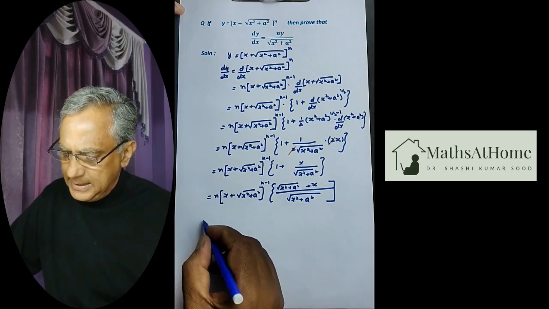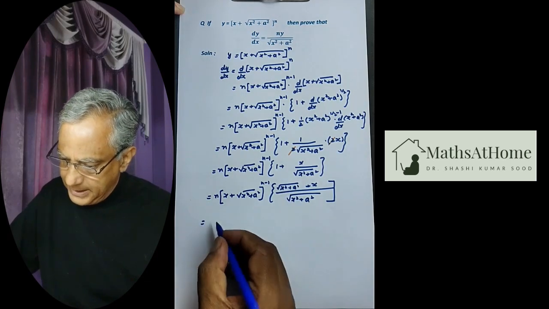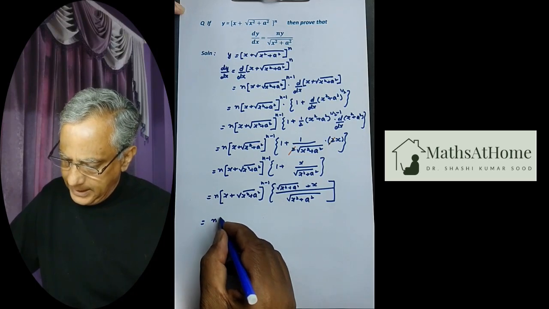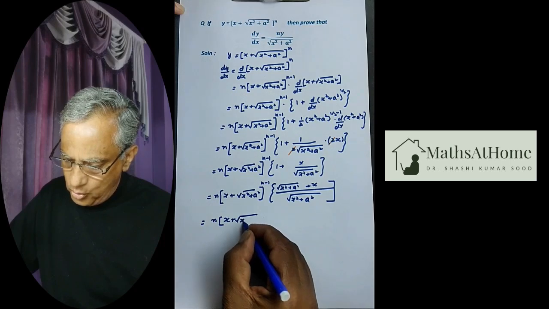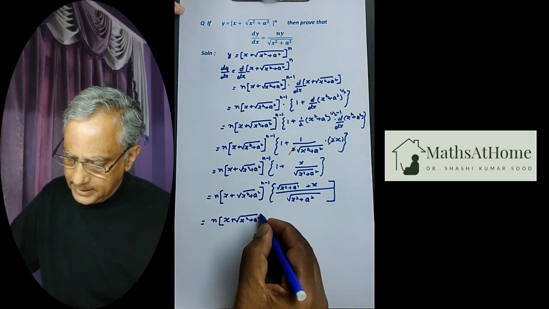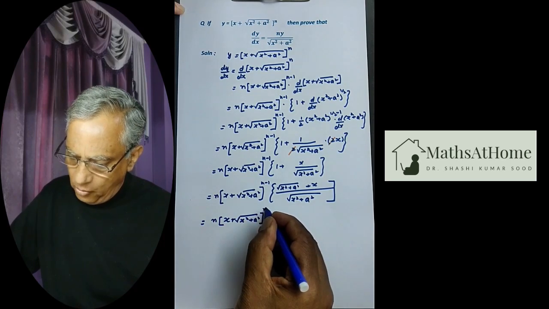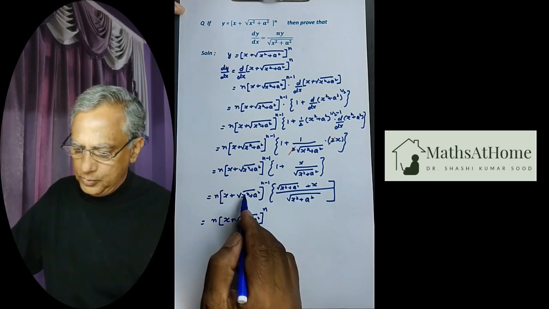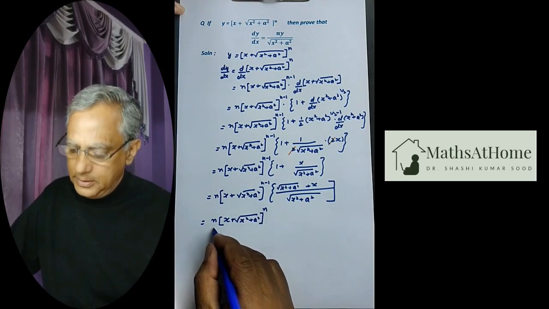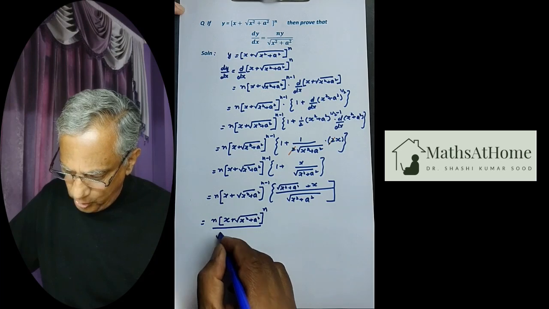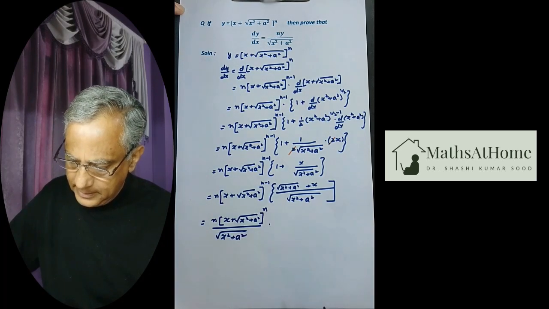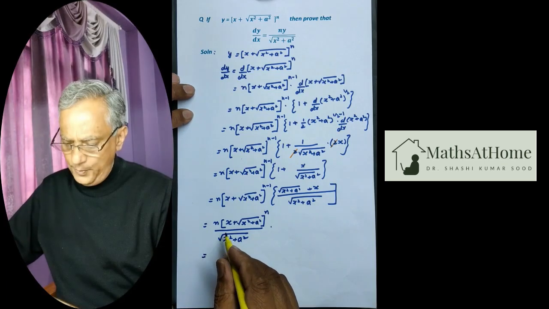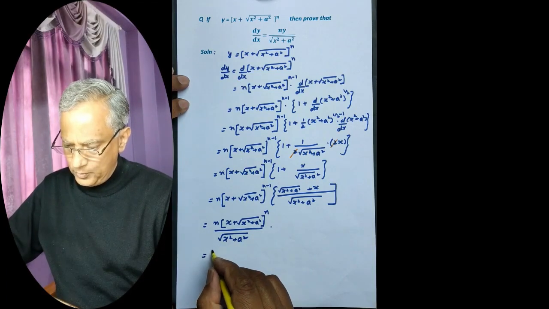This term is the same as this, so we can combine it here and we get n into (x + √(x² + a²)) to the power of n over √(x² + a²).